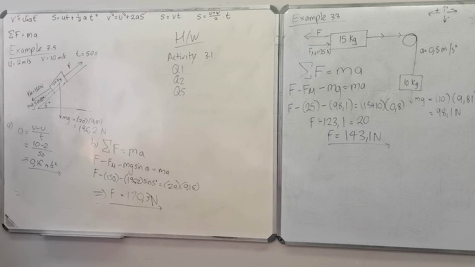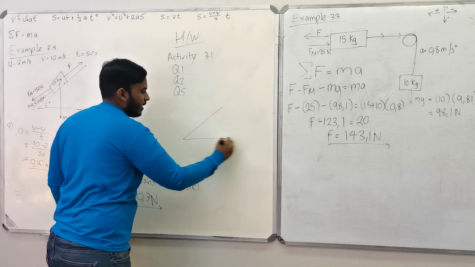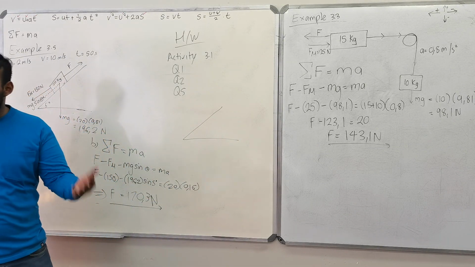Just for question 5, because then I know you're going to message me or ask me, I'm going to tell you now. See how they tell you for question 5, a car with a mass of 900 kg accelerates uniformly from rest up an incline of 1 is to 40. What do they mean by that? See, if this is your incline, they gave you a ratio.